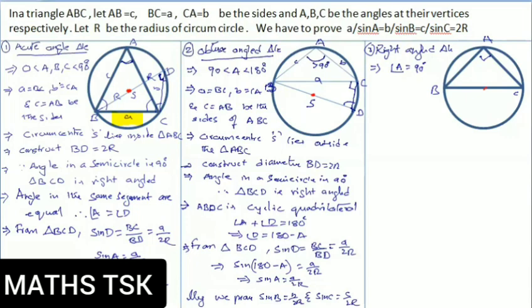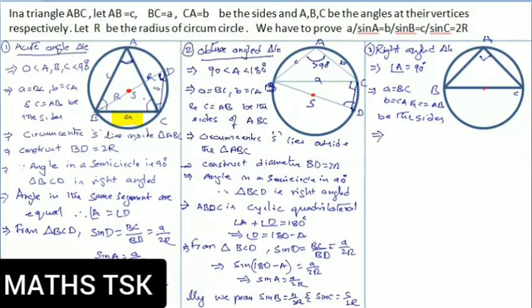Next we write the sides of the triangle. Here also let a is equal to BC, b is equal to CA, and c is equal to AB be the sides. Right. Next we have to tell about the circumcenter.